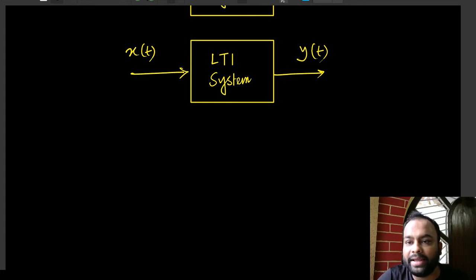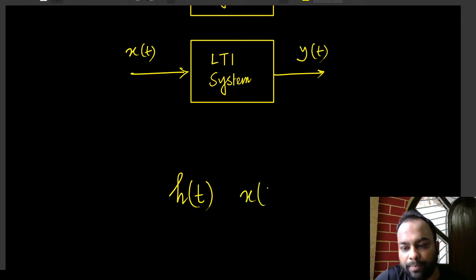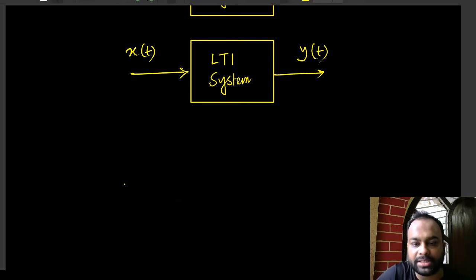The mathematical expression tells you that if you know the impulse response of the system, then if you excite the system with any arbitrary input x(t), you can calculate the response of the system. For example, the impulse response is h(t) and the input is x(t).